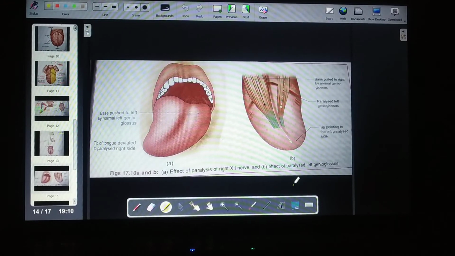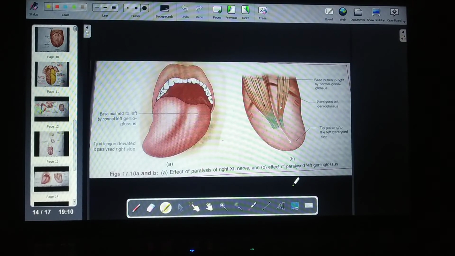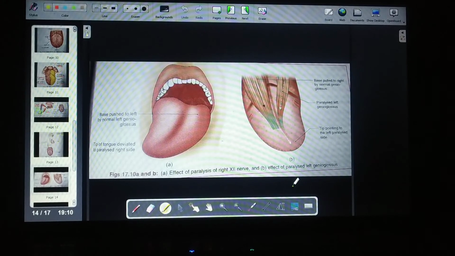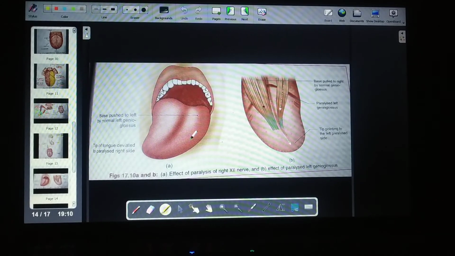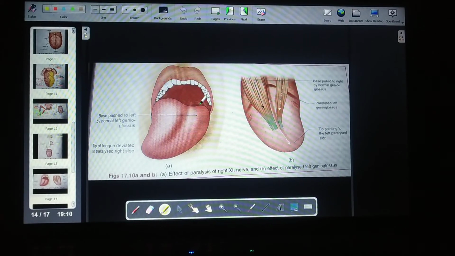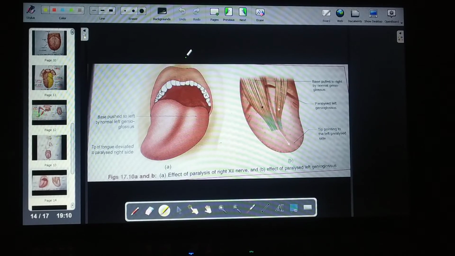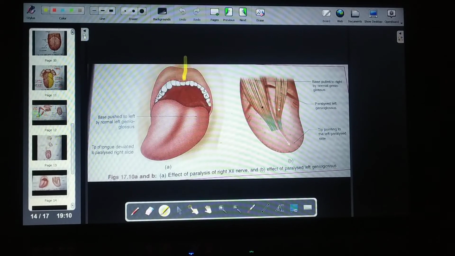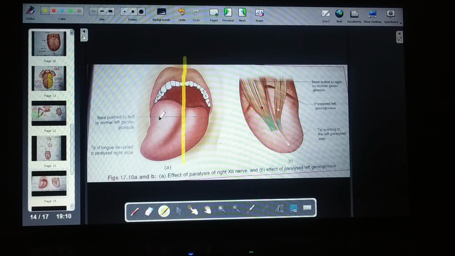Next, when I talk about the tongue, this is the clinical applied part. Sometimes the question asks, for example, if some syndrome happened on one side, how can I know which part or which side is being affected? So this is showing that if some syndrome happened and one side of the face or body got paralyzed, one side of the group of muscles will be normal, whereas the other one will be affected.